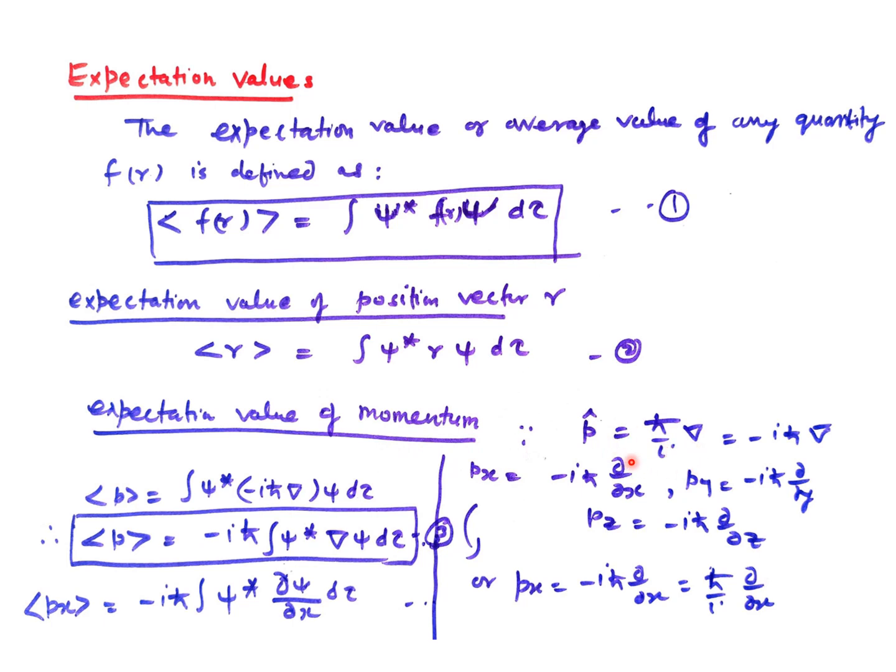And for the momentum operator, P operator equal to h by i del, or in the x direction only, minus i h bar delta by delta x. So the expectation value of P will be the integral of minus i h bar psi star delta psi by delta x d tau. This is how we can find the expectation value for a given function.